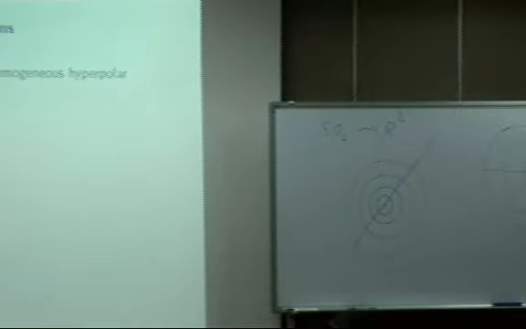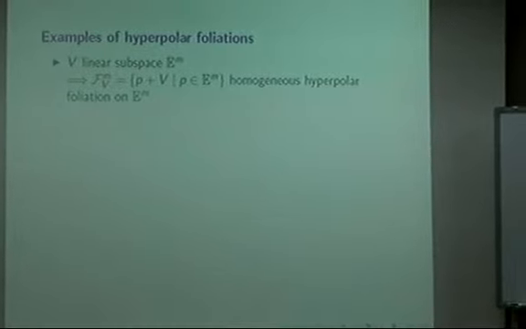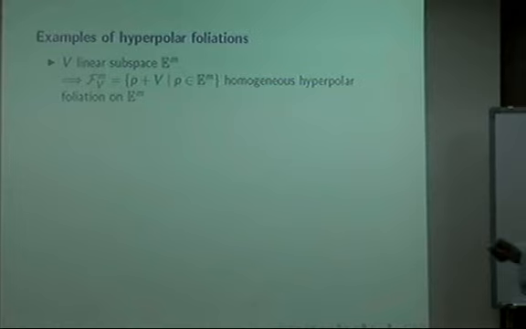So let me give some examples now of hyperpolar foliations. Elementary examples. First we start with Euclidean space, R^m, and we pick a linear subspace V, and then we take the foliation given by all the affine subspaces which are parallel to the given one. It's obvious that this is hyperpolar.